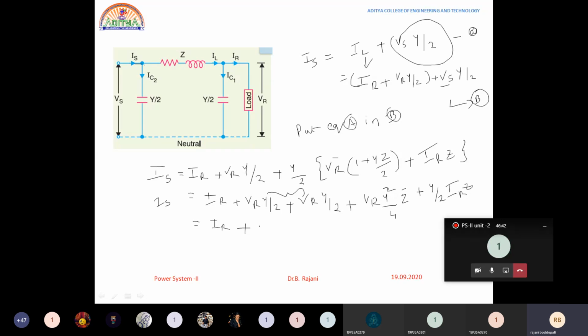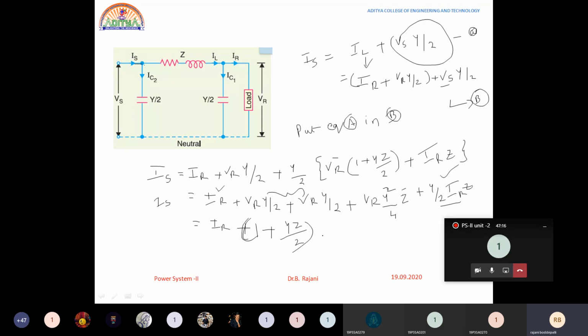Now if I take IR as common, I am having 1 plus YZ by 2, this is one IR term and this is another IR term. If you add these two, IR is common, so we get IR into 1 plus YZ by 2.